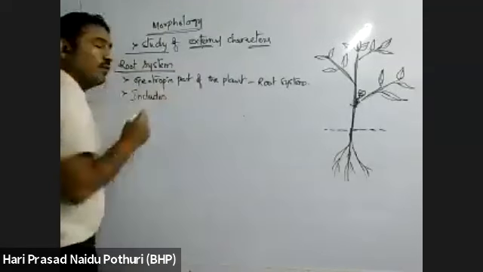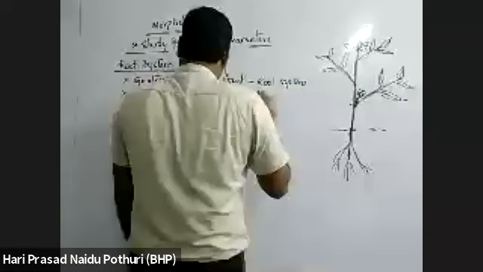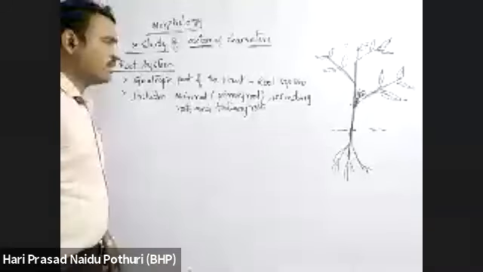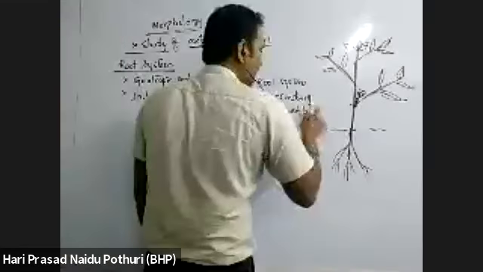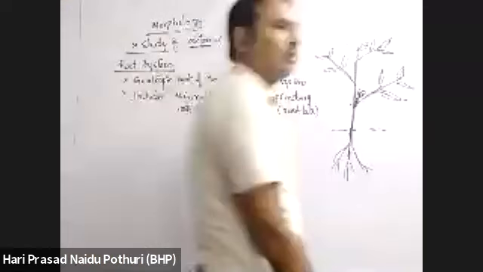Just now I told you, the main root, which is called the primary root. Then secondary roots, tertiary roots, everything. All these secondary roots and tertiary roots are called rootlets. So the main root and rootlets all together form the root system.